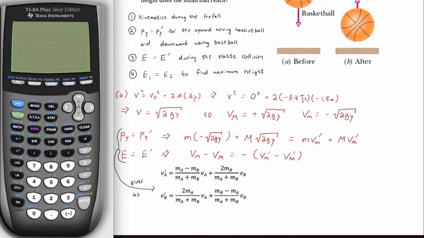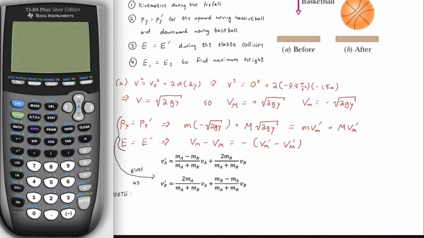So note that B is big M and A is little m.